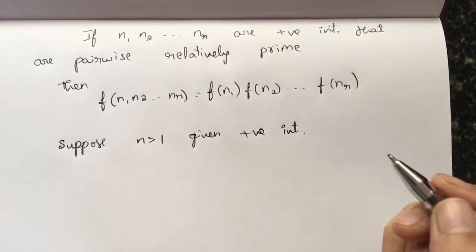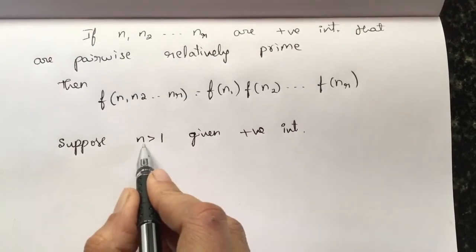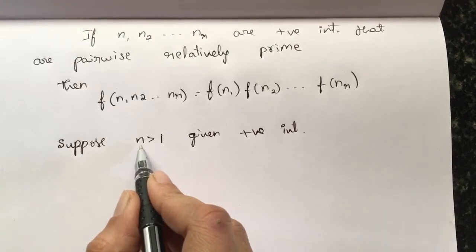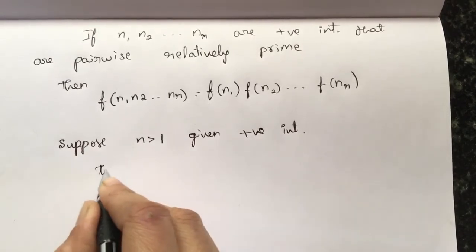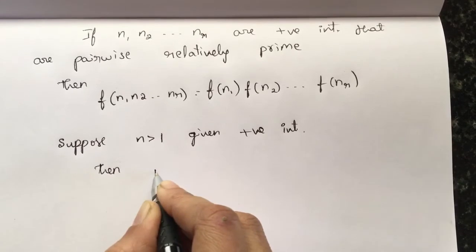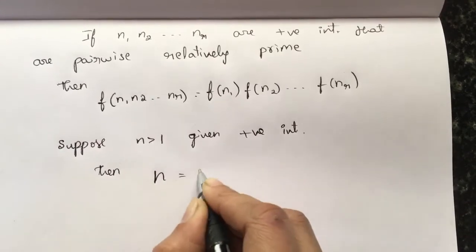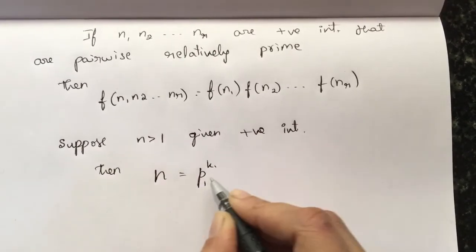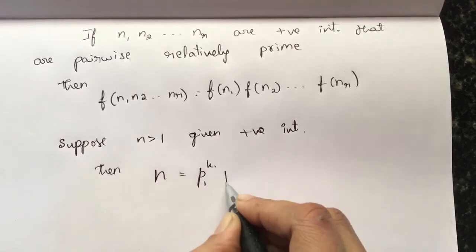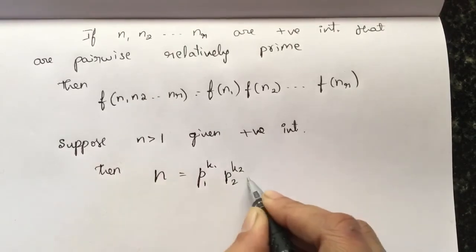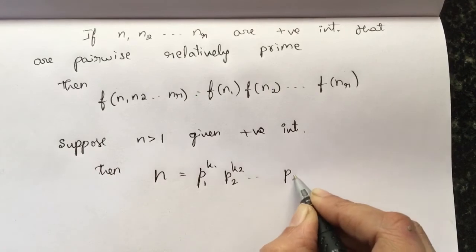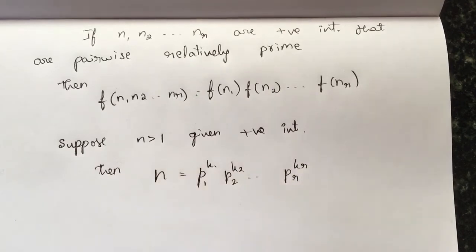Then we can write the canonical form of n. That means I can write n as a product of primes: p1 power k1, p2 power k2, up to pr power kr.